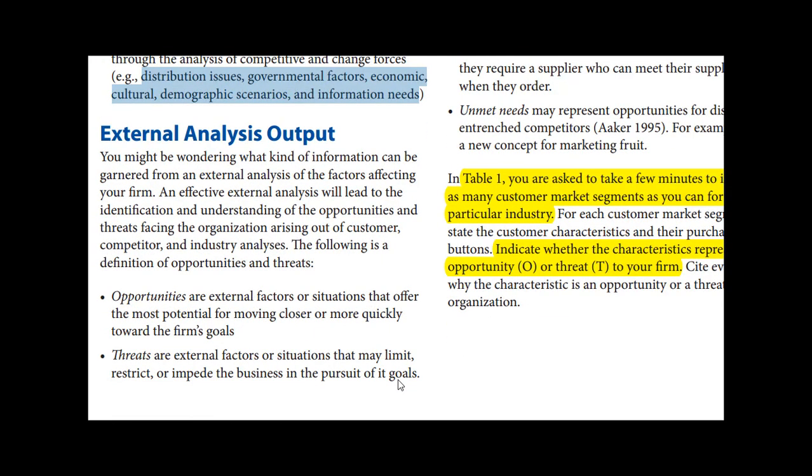So, when we talk about external analysis of these three players, we talk about the identification of opportunities and threats in the external environment. Opportunities are something that favor the organization, and threats are something which may limit the company's capabilities.